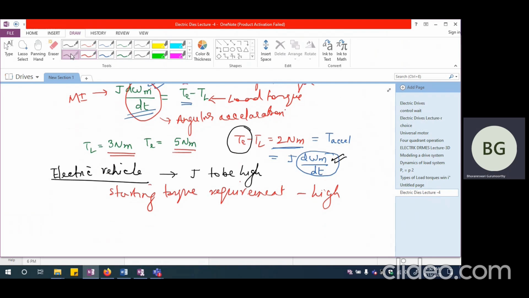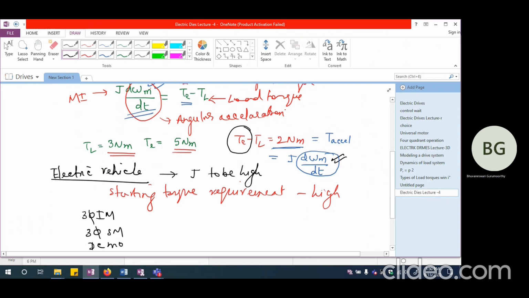If you look at different electrical machines like the three-phase induction motor, the three-phase synchronous motor, and the DC motor, any of the DC motors will normally have a commutator arrangement attached to the rotor. So in general, the inertia of the DC motor is going to be the highest of these three motors.